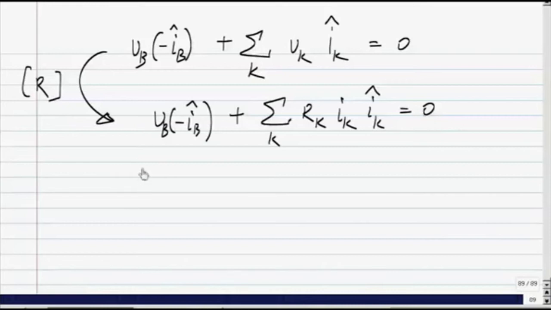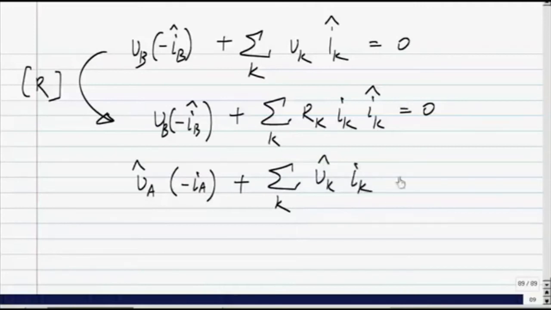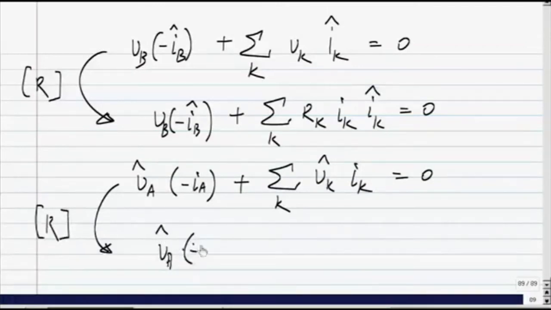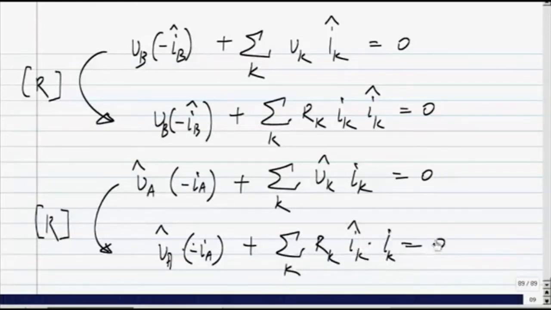Okay. And similarly, in the other case, V_A hat minus I_A plus Σ K R_K I_K hat I_K was 0. And if I use the fact that it is a resistive network, V_A hat minus I_A plus Σ K R_K I_K hat I_K equals 0.